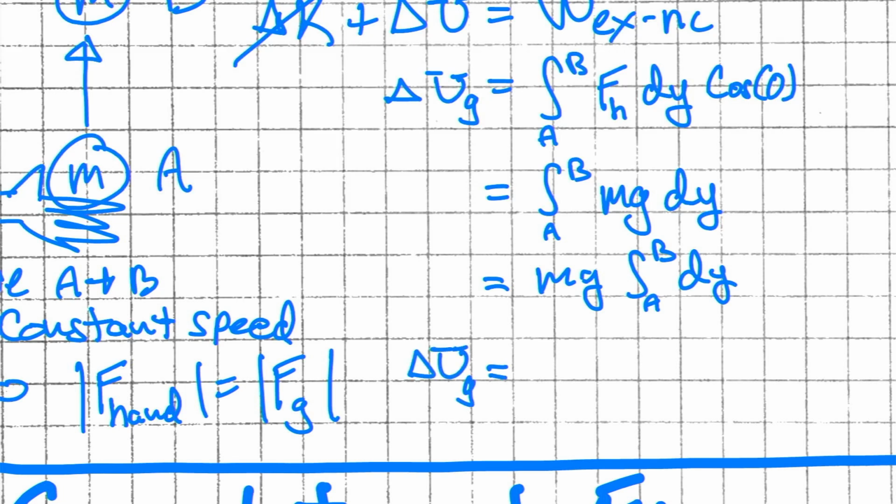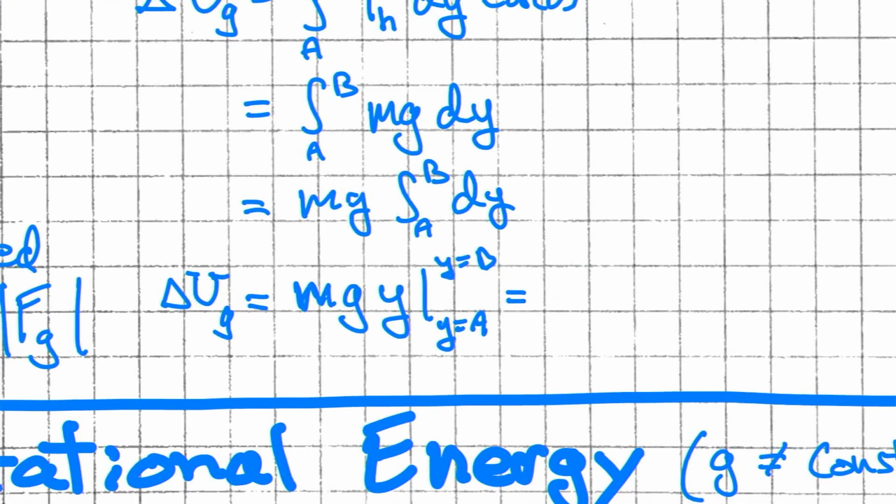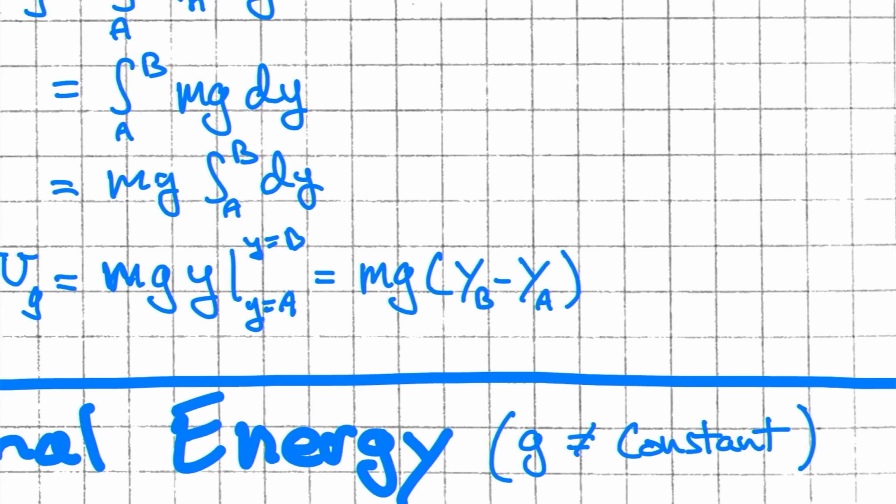Delta U gravity equals mg y evaluated from y equals A to y equals B, and we get mg (yb minus ya), which is mg delta y.